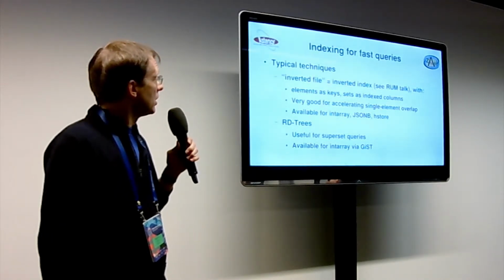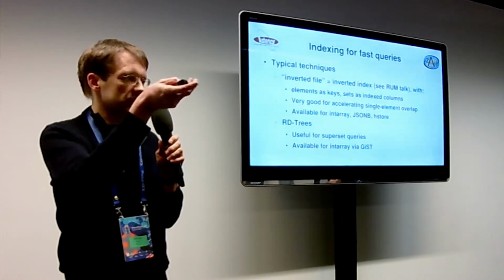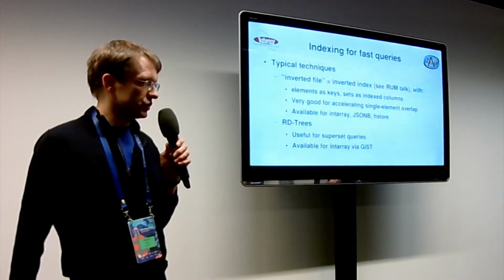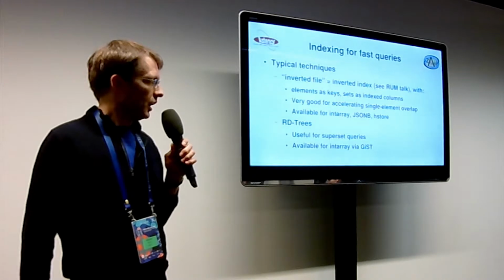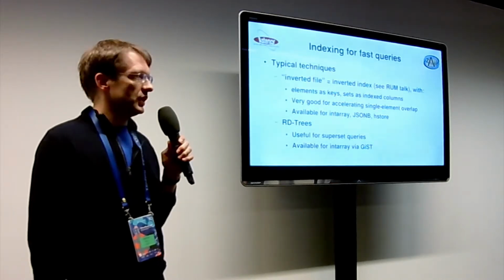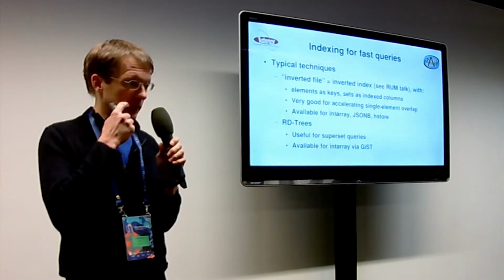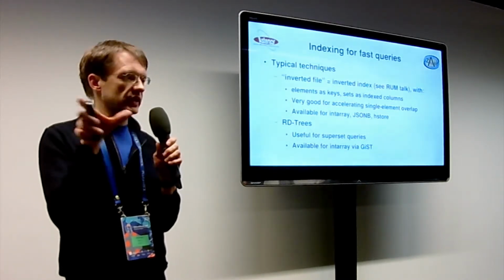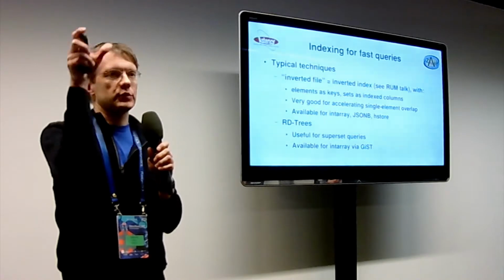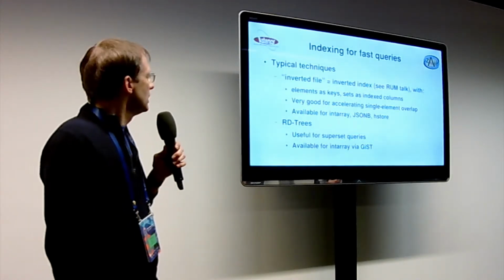So it just works like this. This is just a short catch up. So the set elements are used as keys, and the whole sets are the data types of the column that you index.